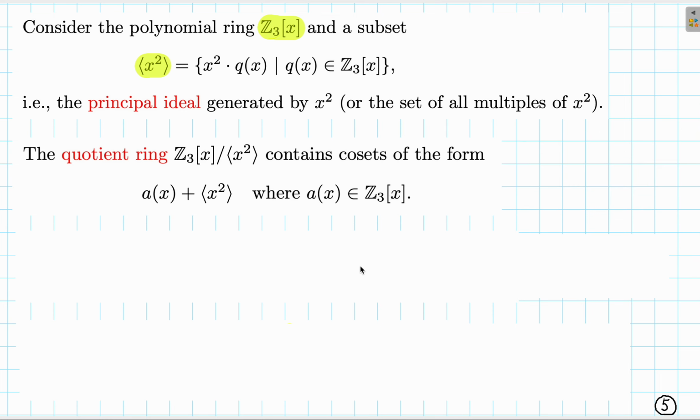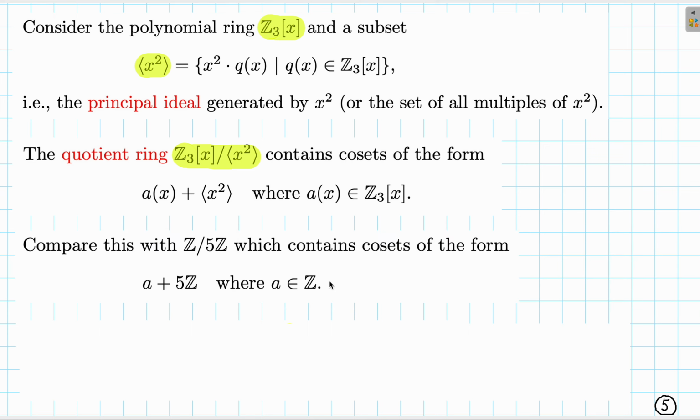Now the quotient ring Z3[x] mod ⟨x²⟩ contains cosets, additive cosets, of the form a(x) + ⟨x²⟩, where a(x) is a polynomial in Z3[x].